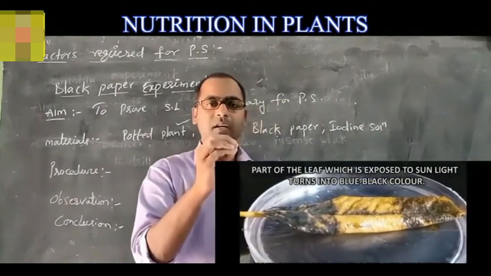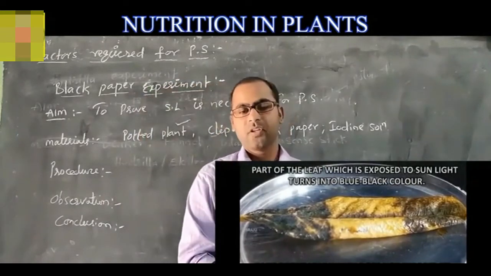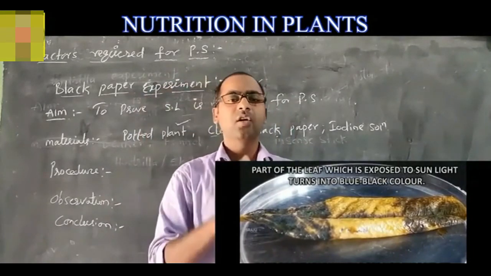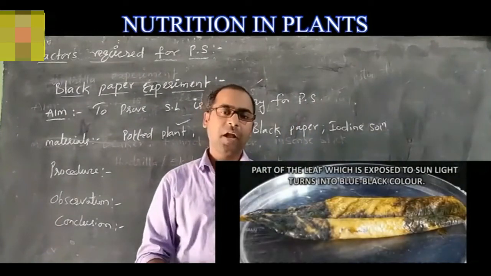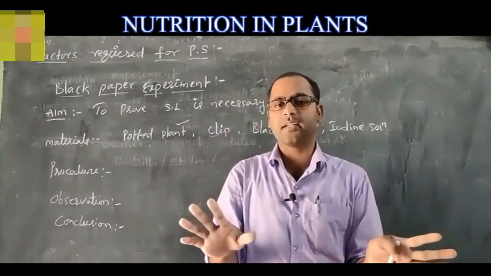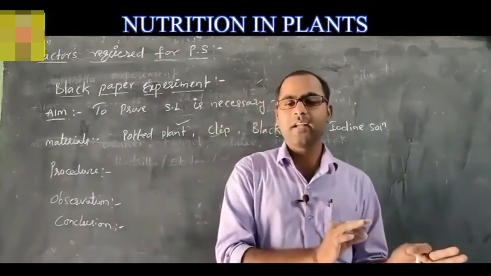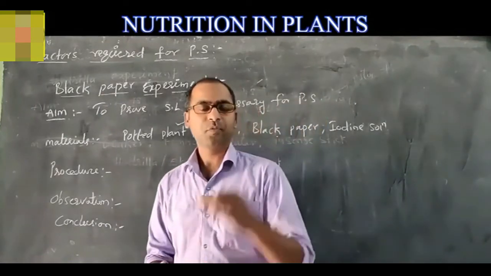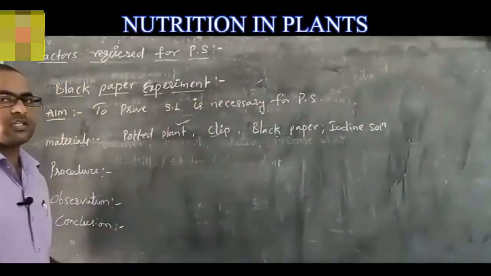That means the leaves exposed to sunlight produce starch, so they perform photosynthesis, and the parts of the leaves not exposed to sunlight did not produce starch and did not carry out photosynthesis. So with this we can confirm that sunlight is necessary for photosynthesis.